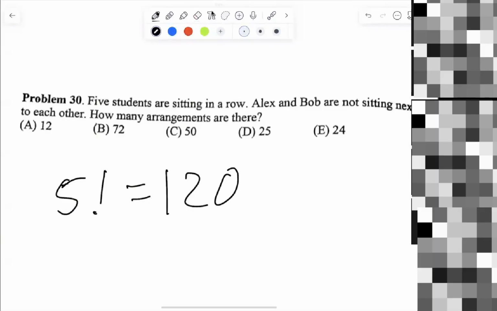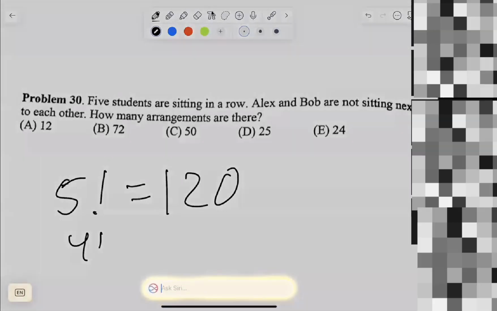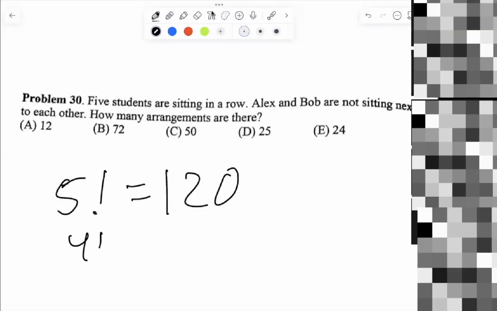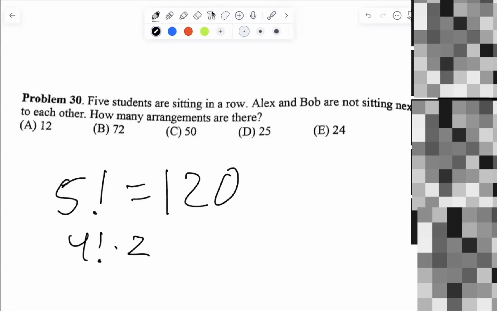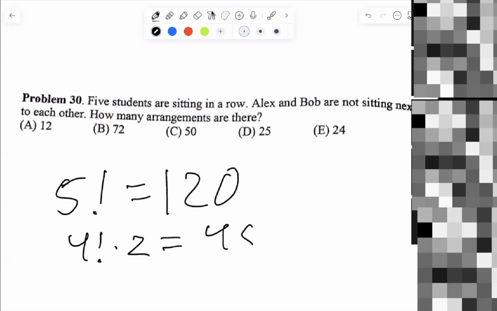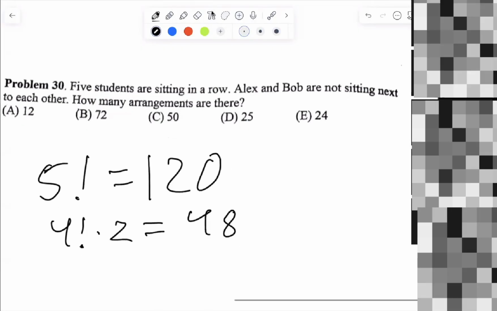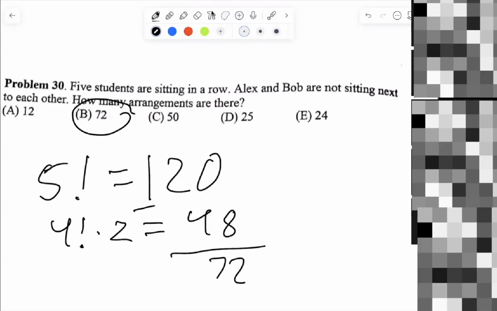So the total ways to arrange four people is 4 factorial times 2, because there's two ways to arrange Alex and Bob in order, or 48. Subtracting gives 72 as our answer, or B.